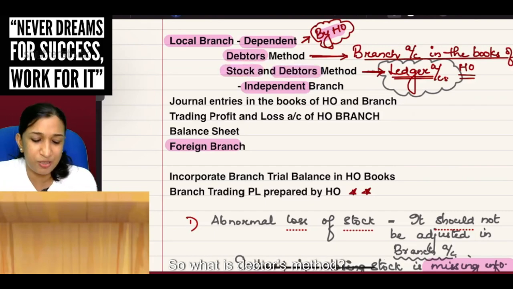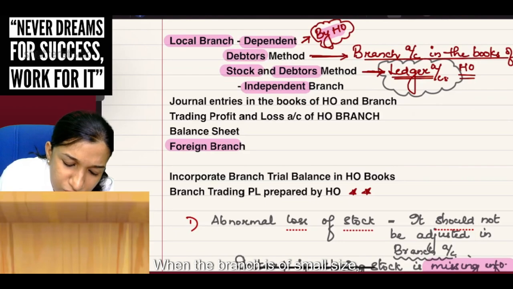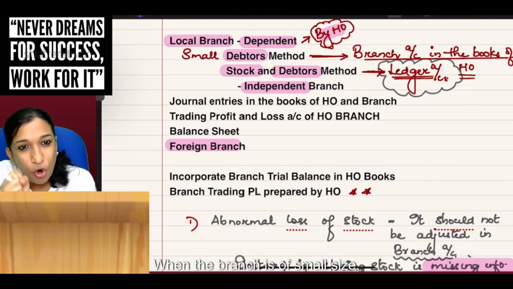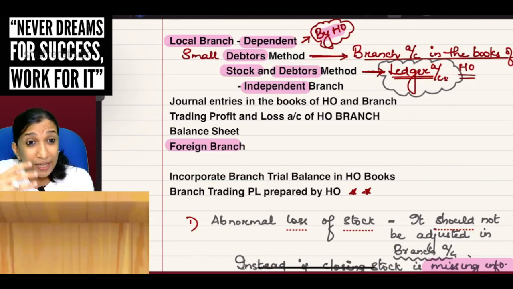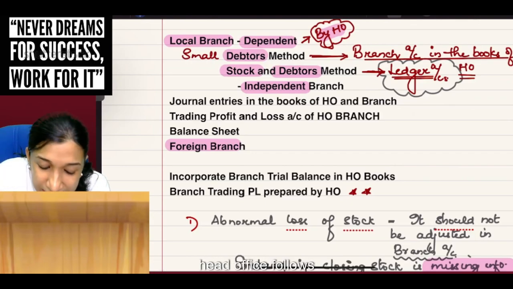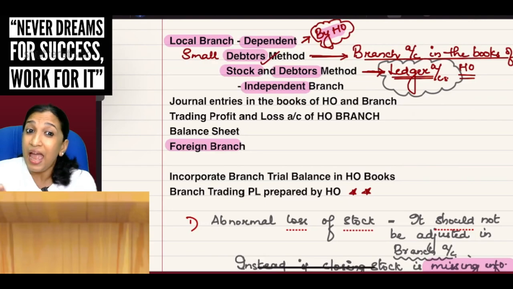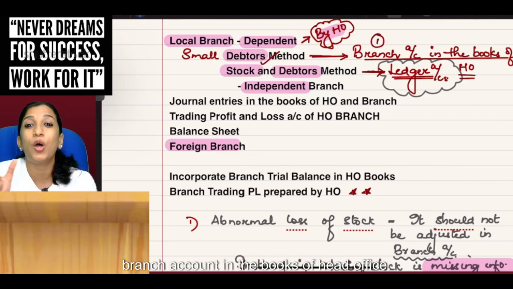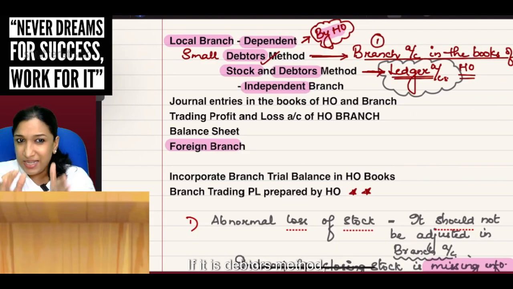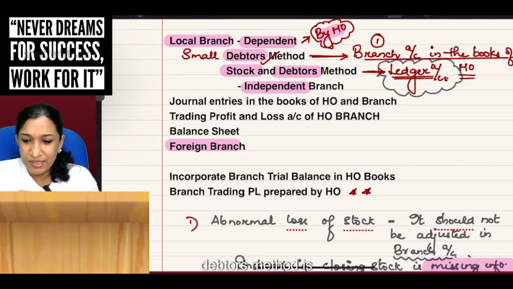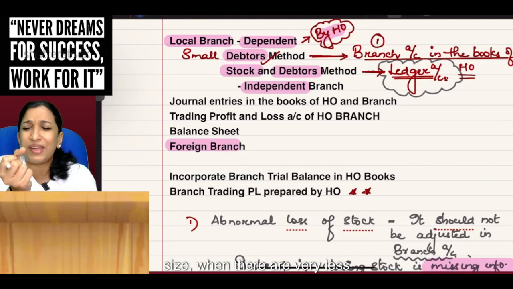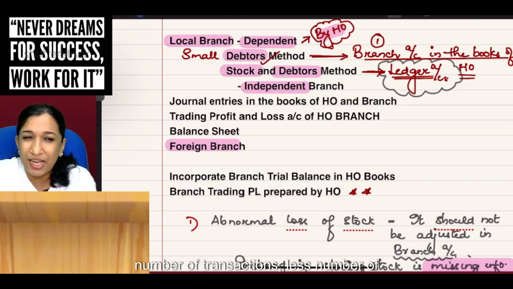So what is the debtors method? When the branch is of small size, head office follows the debtors method and maintains only one branch account in the books of head office. The debtors method is normally followed when branches are of small size, with very few transactions.